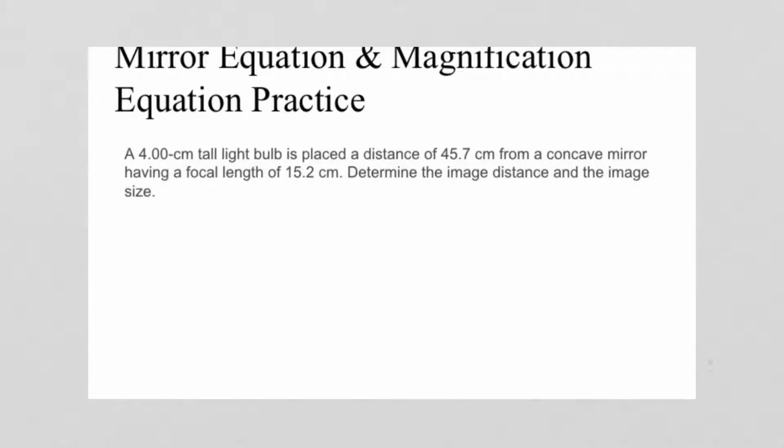So let's write out what we know. We know that the height of our object is 4 centimeters. We know that the distance of our object is 45.7 centimeters, and our focal length is 15.2 centimeters.